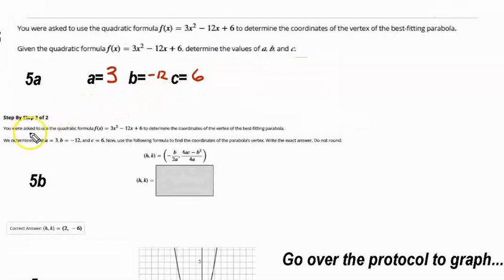Now, continuing, they're asking us to find the vertex. Remember, the vertex is (h, k), which is a form of (x, y), and since a is positive, it will be a minimum.